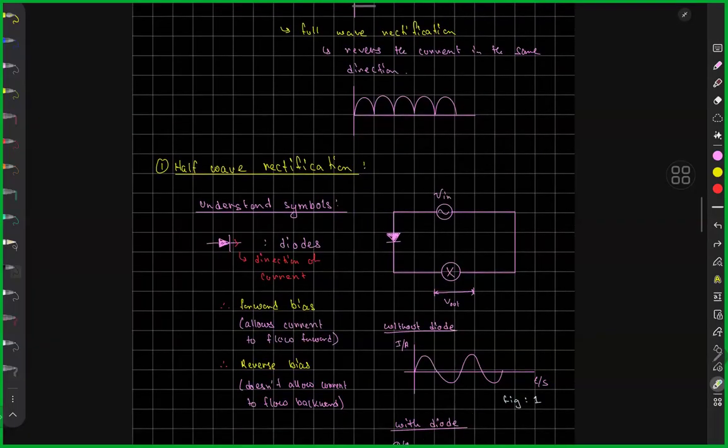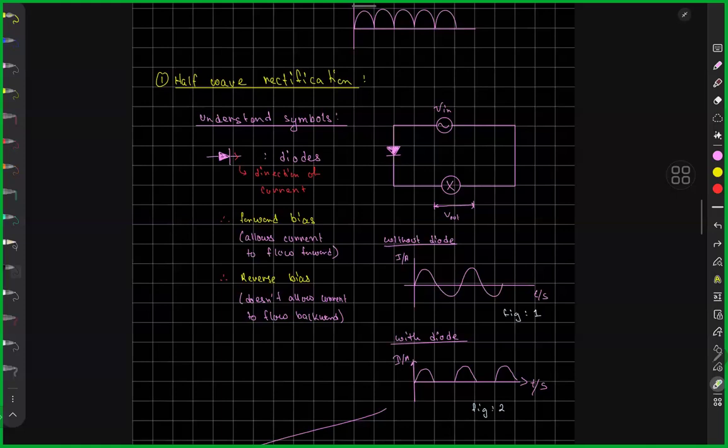So what does the technical process look like? How does it really work? We want to see that. Okay, let's first think of half-wave rectification. In half-wave rectification, it's actually very simple. You have, let's say, an alternating current supply. You have a diode, and you have some sort of appliance which is using up the voltage.